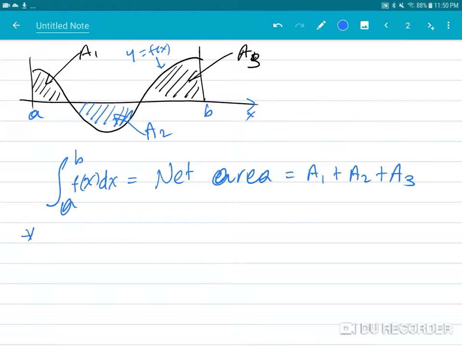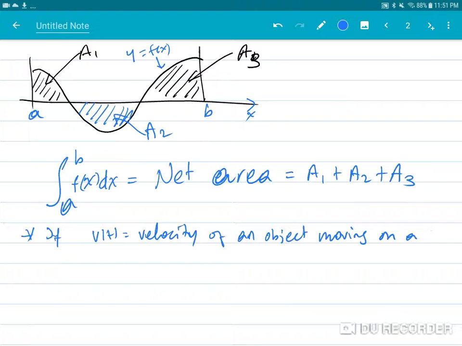So one thing we looked at is if f is a positive function, then this gives you the area under the curve. If, let's say, f is a velocity function, if v of t is velocity of a moving object on a straight line, so the velocity could be positive, negative, 0.